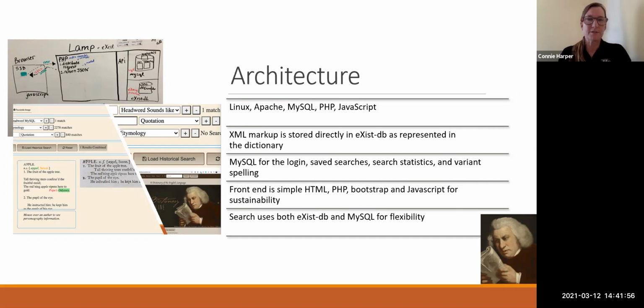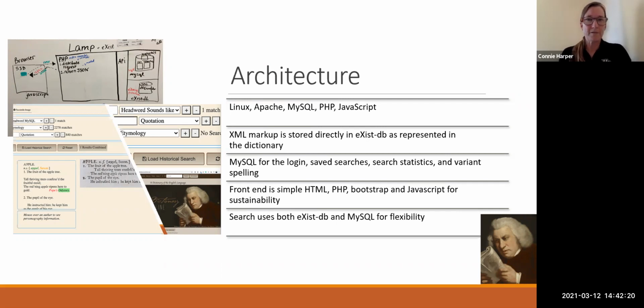As our volunteers and professors tag and proofread the data, it's stored directly into the database. ExistDB also provides a Lucene full-text query engine that allows us to search content by tags.